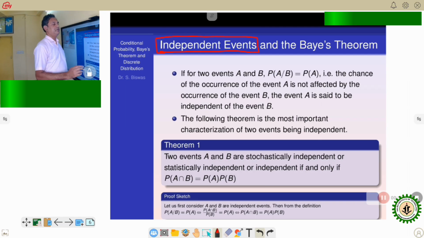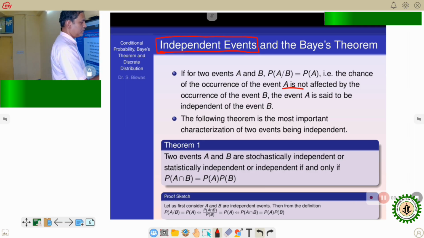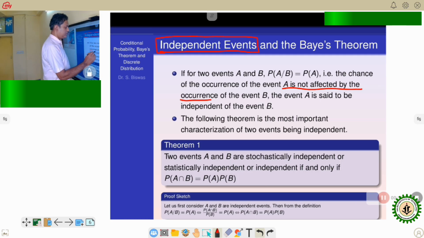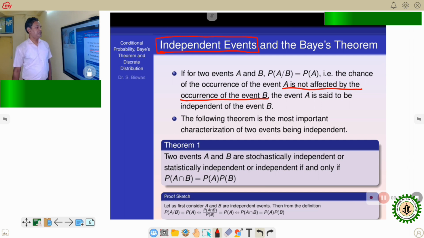That is not happening here. It is becoming equal to probability of A. That is, the chance of occurrence of event A is not affected by the occurrence of the event B. The event A is then said to be independent of the event B, or more commonly we say the events A and B are independent events.